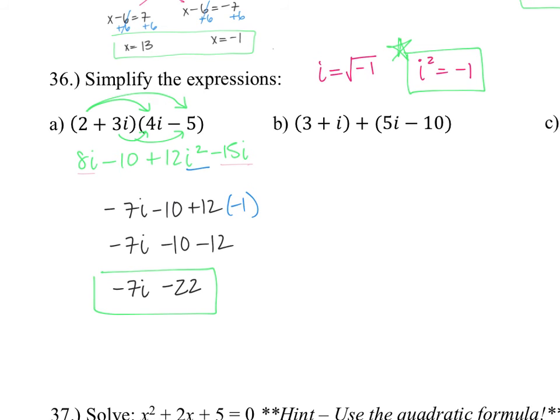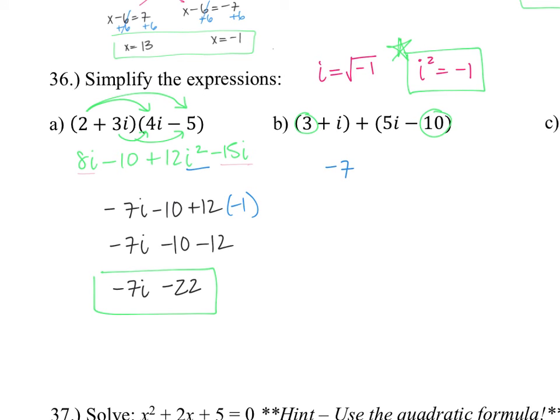So this one, oftentimes people, when they see two parentheses, they try to FOIL, but this just says to add this parentheses with this parentheses. So if I'm just adding, I just combine like terms. So I'm going to take the 3 and combine it with the -10 because those are like terms. So 3 minus 10 is going to give me -7.